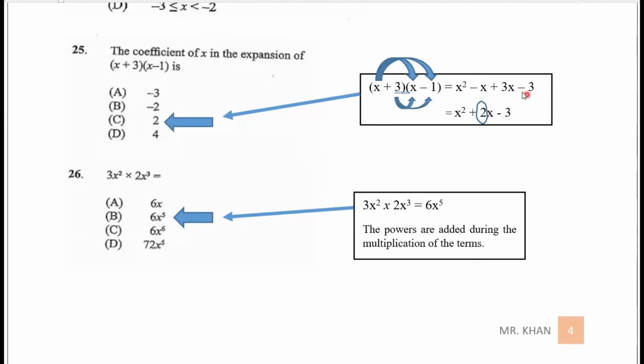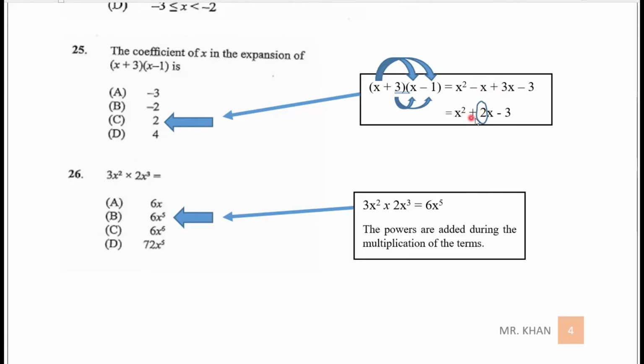But we're not done. We have to simplify. Bring down the x squared. Bring down the minus 3. What about minus x add 3x? That's minus 1 add 3. When you're adding or subtracting, if the signs are different, you subtract the two numbers. So 3 minus 1 is 2, and you put the sign of the larger number, which is the plus sign, in front.